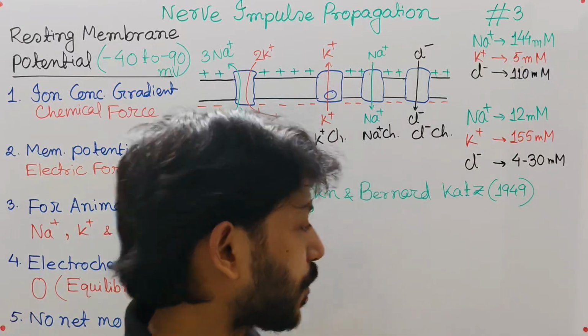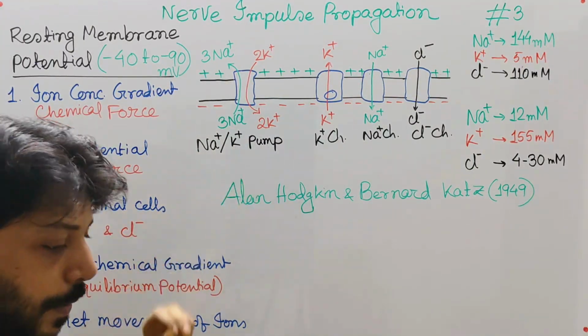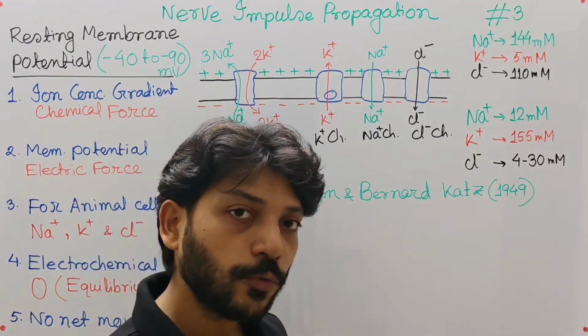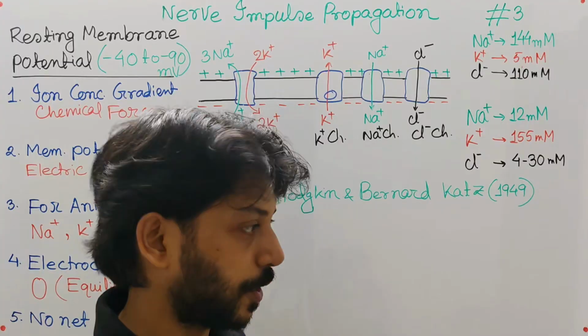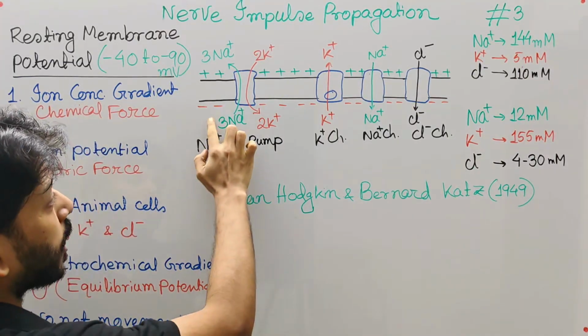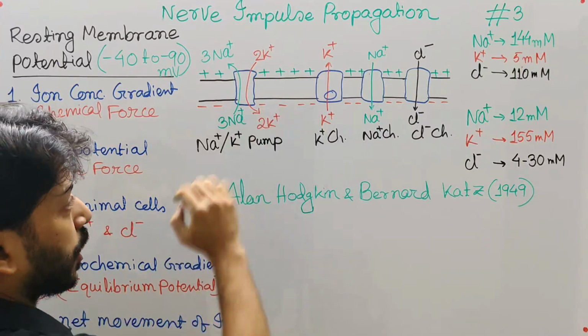In this case I have taken the example of just a single ATP driven pump, the sodium potassium pump. Now let's see how this pump generates the ion concentration gradient of sodium and potassium. This pump exports 3 sodium out of the cell and imports 2 potassium.